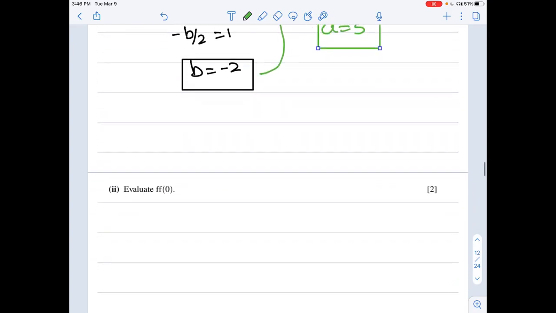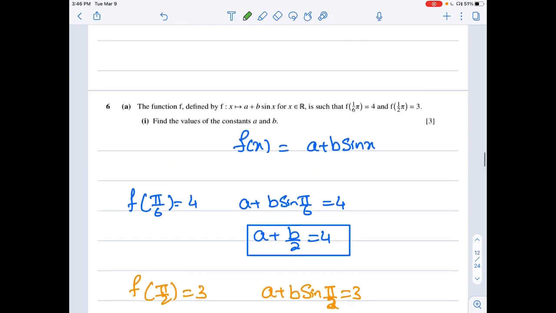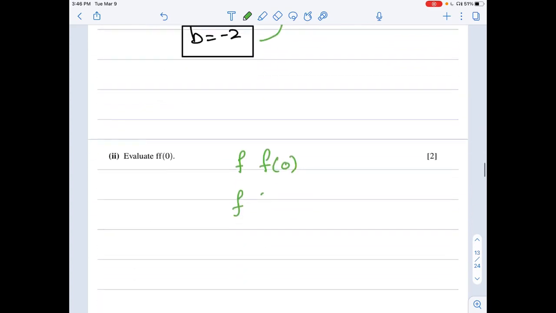And so he is asking f of f of 0. Now f of x is a plus b sine x. So I write over here f of x will become 5 minus 2 sine x.